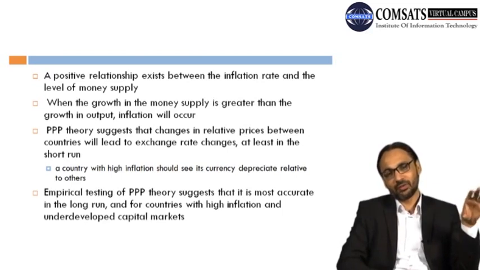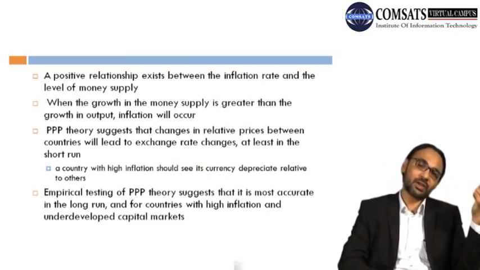Because of this concept, we observe and conclude that in Pakistan there is inflation. That's why the prices are higher. And because of this inflation, the PPP theory says the exchange rate should be adjusted. How should it be adjusted?